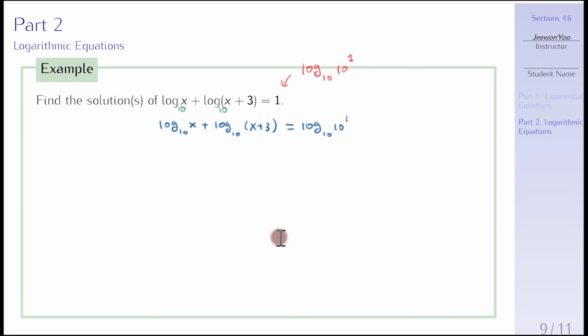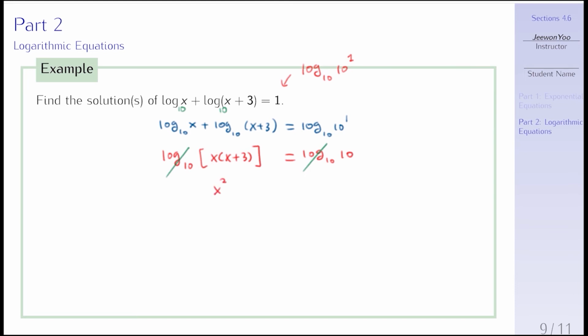You're not ready to do this yet. You need to combine the 2 different logarithms into one of them. Then you can cancel one at a time. Did you notice that? We use the product rule for logarithms to combine x and x plus 3 together. Now you're allowed to cancel like this.